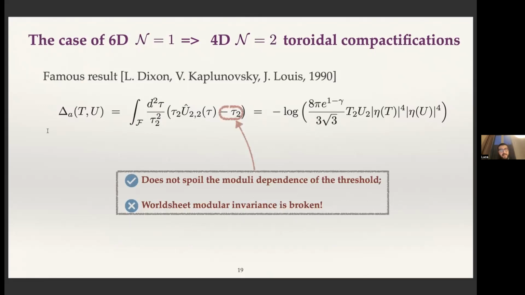The problem with that is that it captures the whole dependence on the space-time moduli, but on the other hand, we are spoiling modular invariance again, because this tau2, the second piece of the integral, which is the subtraction, is not modular invariant.